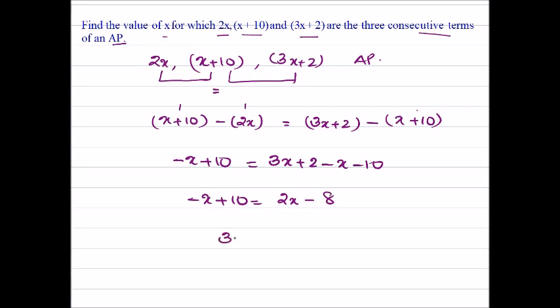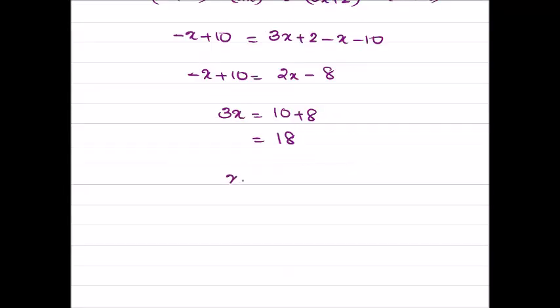That is, 3x is equal to 10 plus 8. 3x is equal to 18. Now we can write x is equal to 18 divided by 3, that's equal to 6. So the value of x is 6. This is the final answer.